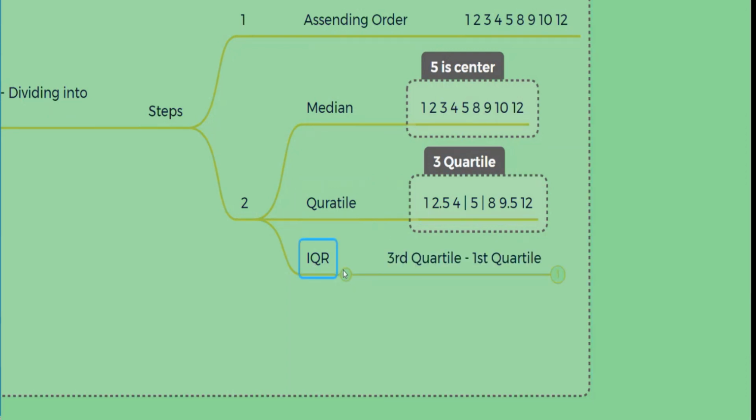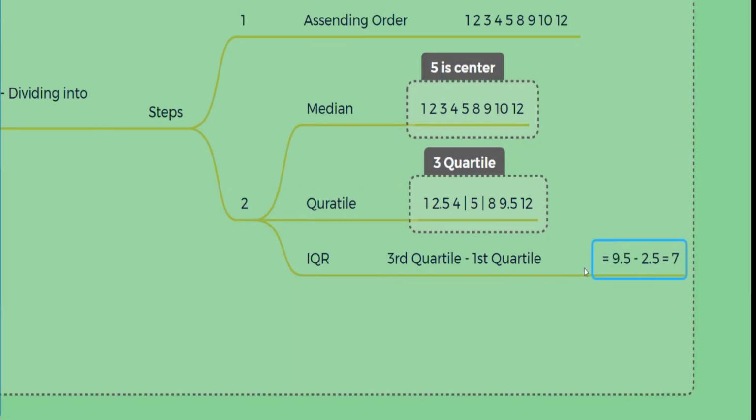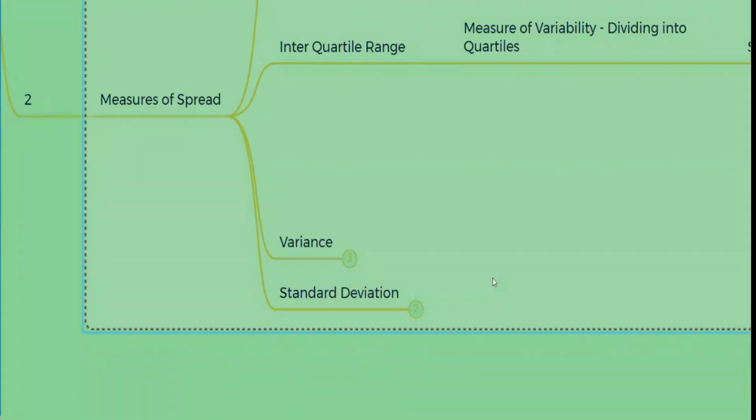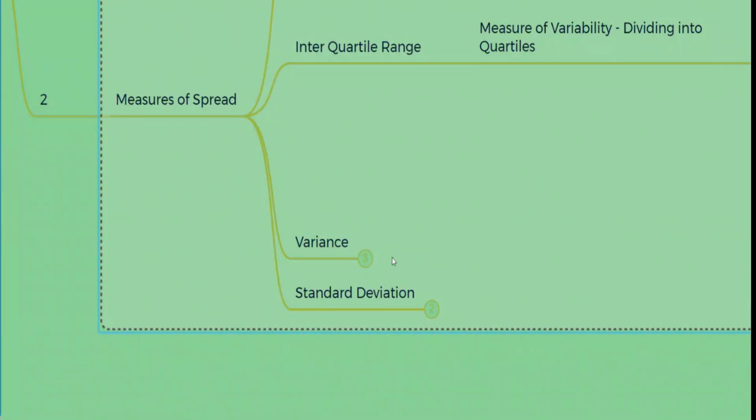Interquartile range means we have to subtract the first quartile from the third quartile. Here, 9.5 is my third quartile and the first quartile is 2.5. If I subtract 2.5 from 9.5, I will get the interquartile range, which is 7. Then we have variance.